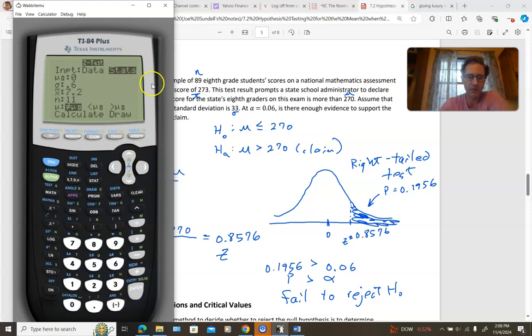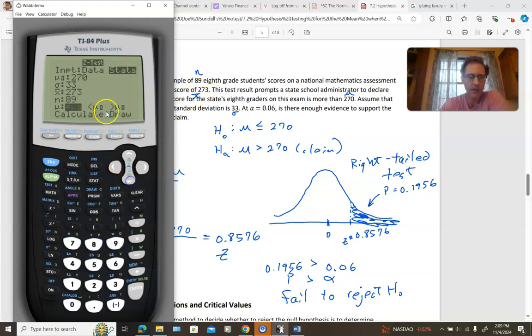So if I hit Enter for statistics, this is what you would put in for the hypothesized mean. I put in here 270, and then the standard deviation of the population that is given to us, 33, and then the mean of the sample, or x bar, is 273, and then the sample size, n, is 89.